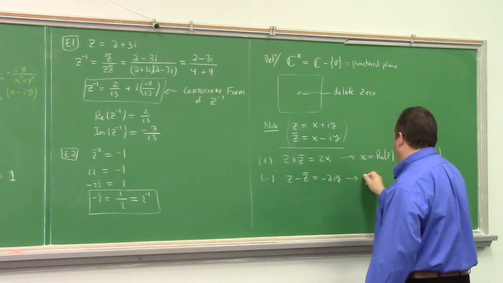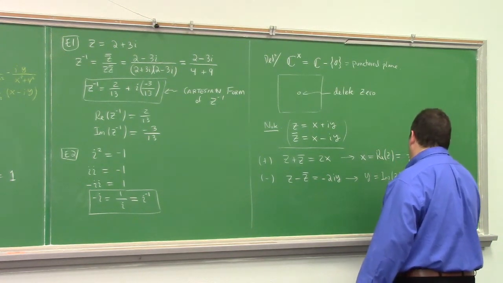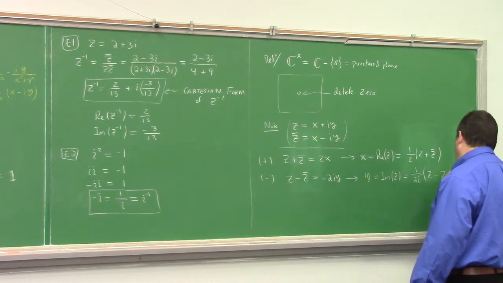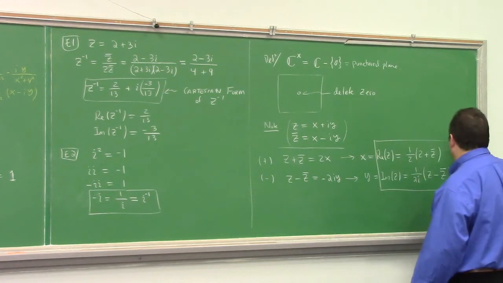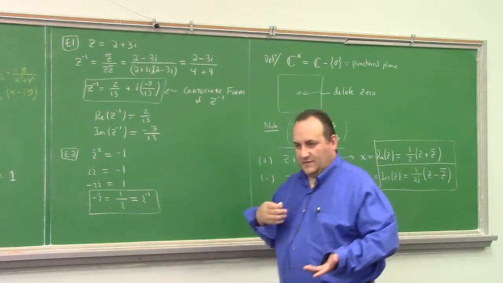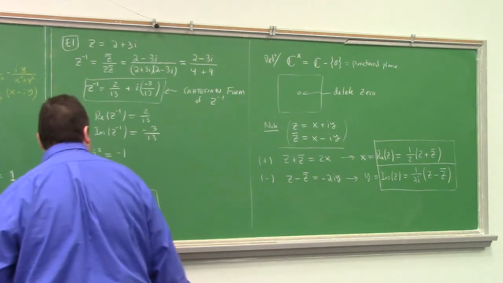And this says that y, which by the way is also called the imaginary part of z, is equal to 1 over 2i times z minus z bar. So these are important formulas for us to know. They allow us to calculate the real part or the imaginary part just using complex conjugate notation. Those are super useful.